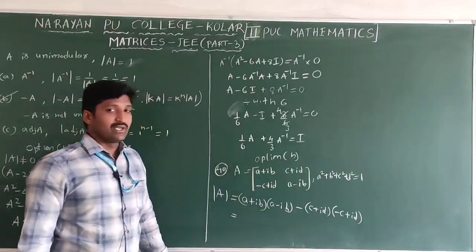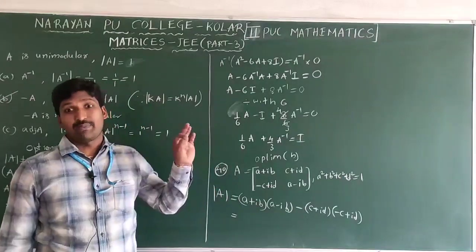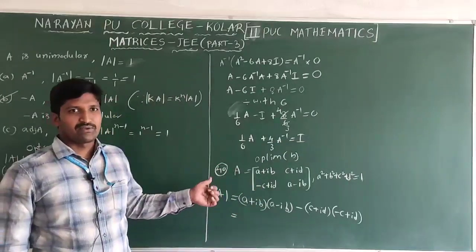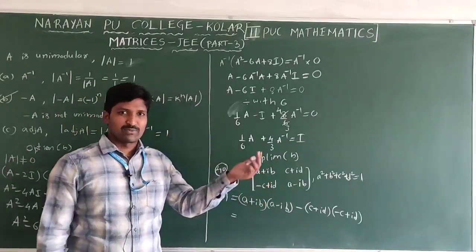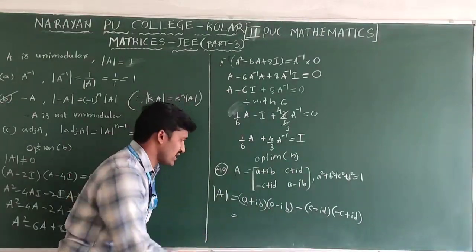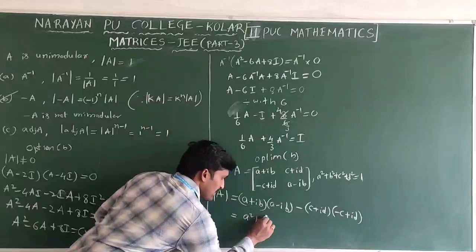Now (A plus iB) into (A minus iB) formula is A square plus B square. Generally in real numbers, (a plus b) into (a minus b) is a square minus b square, but here, with complex numbers, i square value is minus 1, that's why you get A square plus B square.